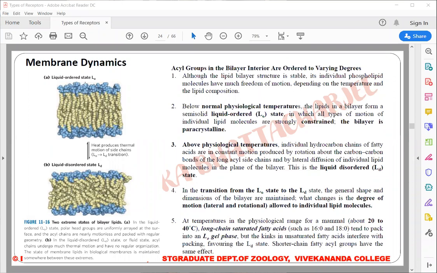The LO, or the liquid ordered state, is also known as the gel phase of the plasma membrane. Mind it, in the ordered state, the mobility within the plasma membrane is totally restricted. But in the liquid disordered state, the molecules can move within the plane of the membrane.